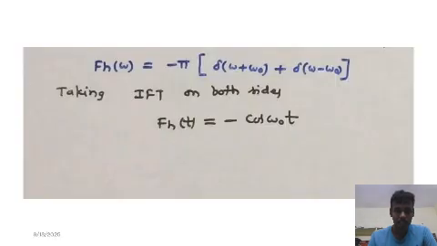So now the equation has become F_h of omega is equal to minus pi. Since both amplitudes are minus pi, we will take minus pi as common. It will become minus pi of delta of omega plus omega naught plus delta of omega minus omega naught.